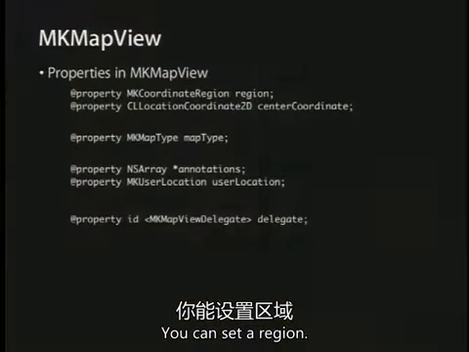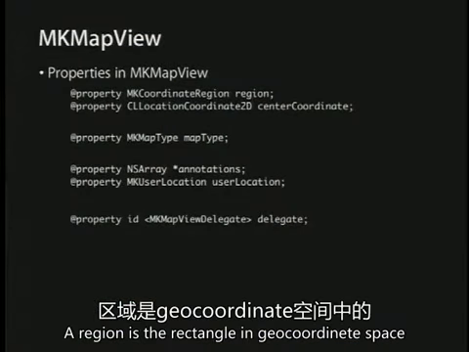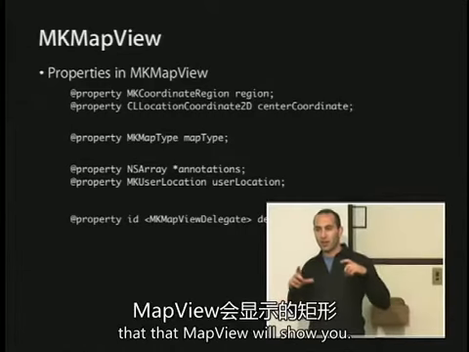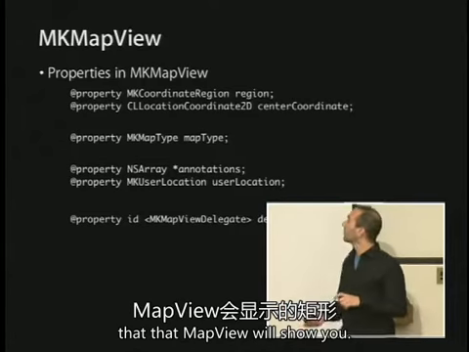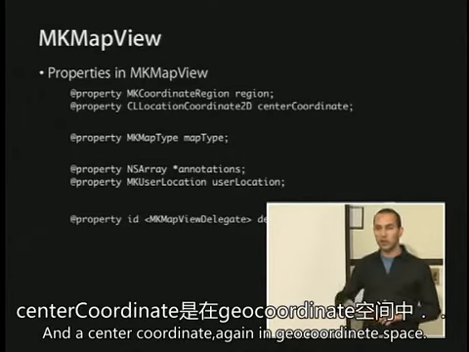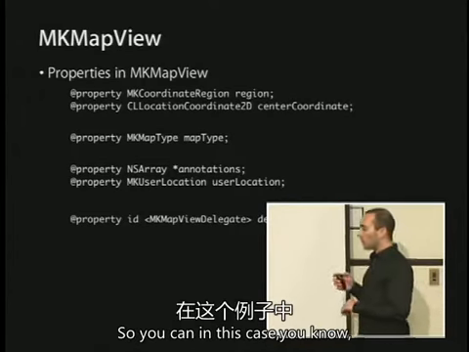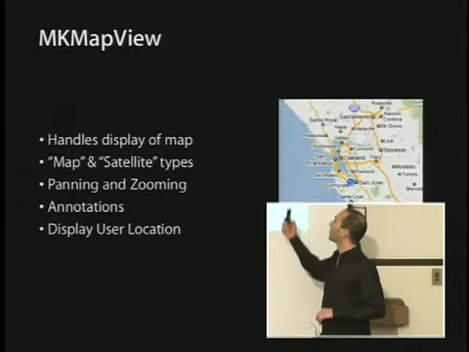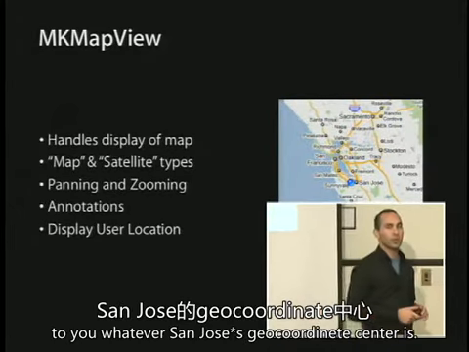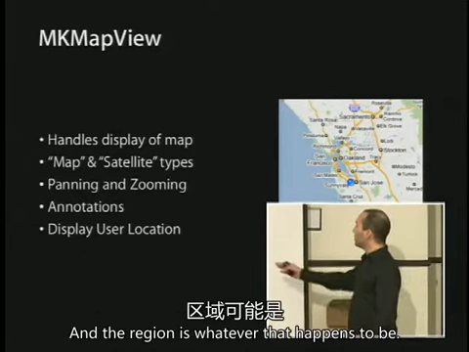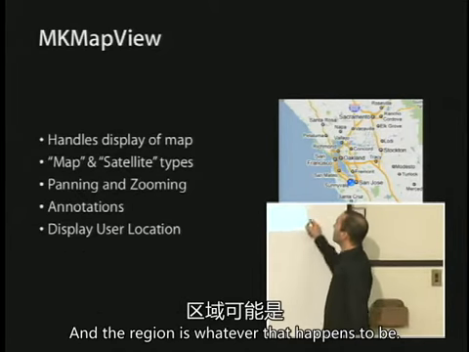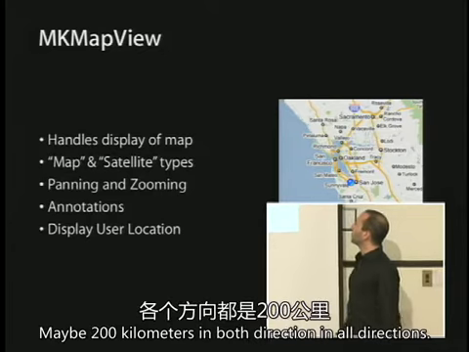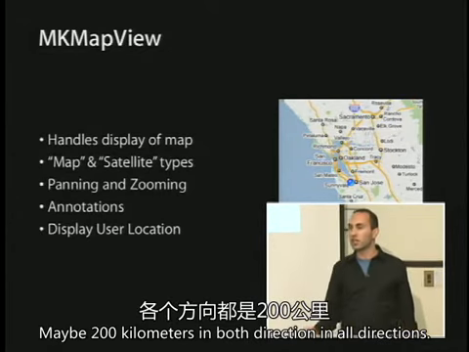So here are some of the properties on it. You can set a region. A region is the rectangle in geo-coordinate space that map view will show you. And a center coordinate, again in geo-coordinate space. So in this case, the geo-coordinate center corresponds to whatever San Jose's geo-coordinate center is, and the region is whatever that happens to be, maybe 200 kilometers in all directions.